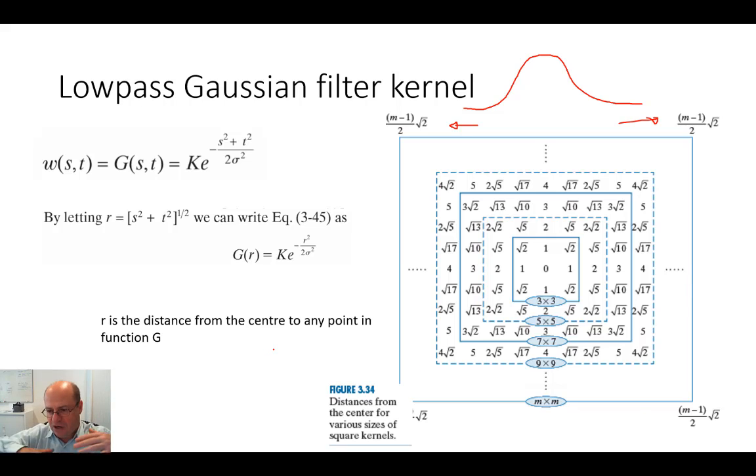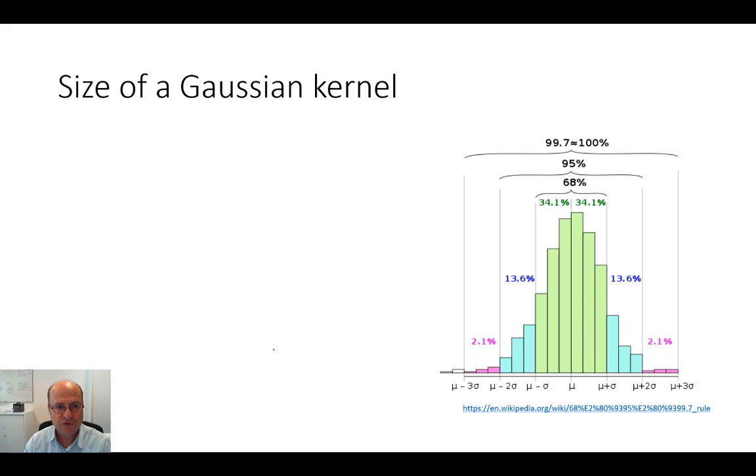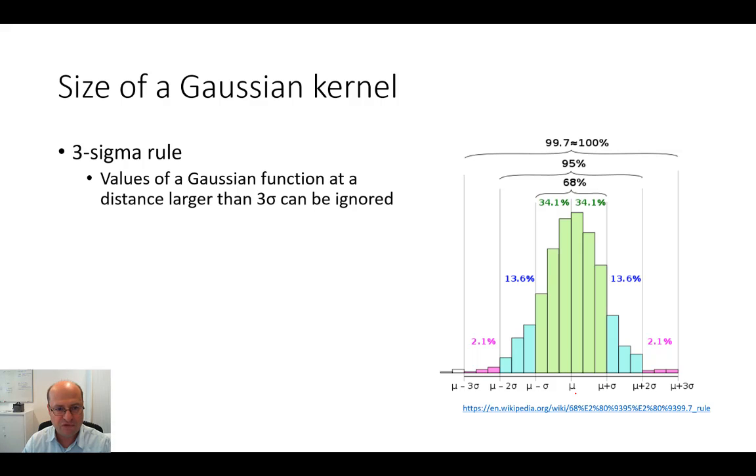Why don't we get a very large kernel? Would that make our filtering better? No, because by the 3 sigma rule, values of a Gaussian function at a distance larger than 3 sigma can be ignored.